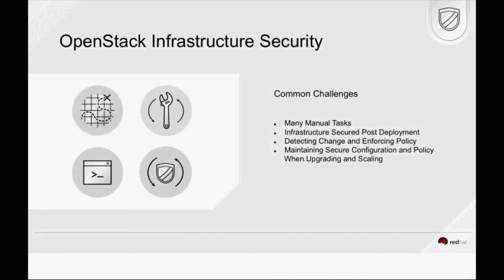So some of the common challenges we see with OpenStack infrastructure around security. The first thing we see a lot is that oftentimes, both during and after deployment of OpenStack, there are a lot of manual tasks involved: applying policies, ensuring certain packages are applied, and different pieces of configuration. The challenges with manual tasks, a couple of them: they're not always repeatable.